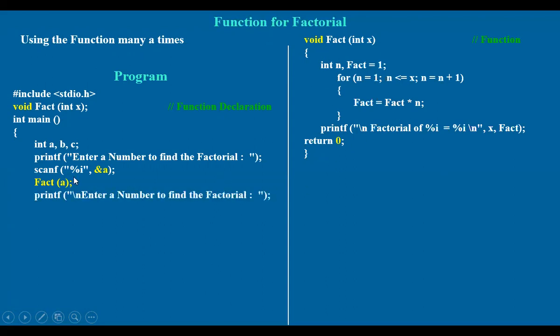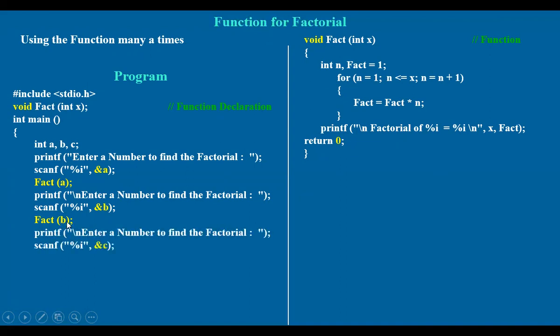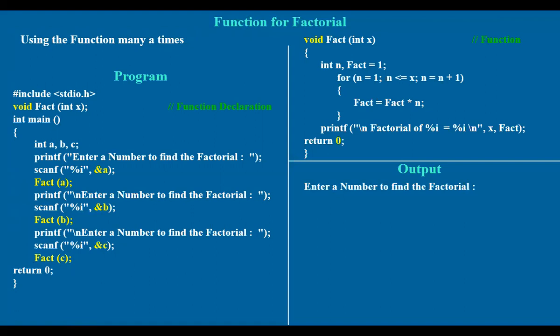Now, after this, again we take another value for b, and again we call the function with the value b. Now, again another one. We take another value and call the function. Any number of times you can call that. This is the main program. And here, let's execute this program now. It asks once this statement is executed and asks for the number.